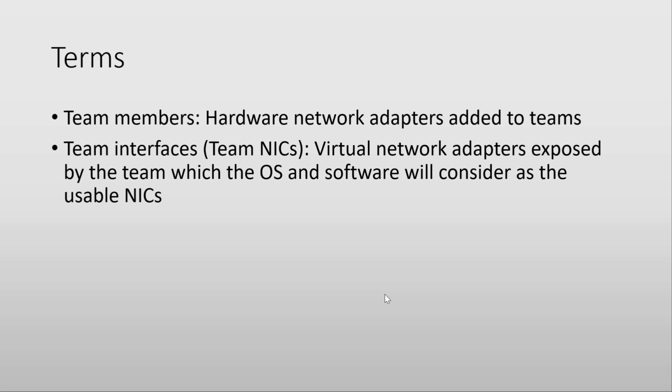Team interfaces or team NICs are virtual network adapters that are exposed by the team after it is created. And the OS and other software will consider this virtual adapter as a normal network adapter. This basically would be the place where you set the IP address, default gateway and so on after you create a team, not on the team members.